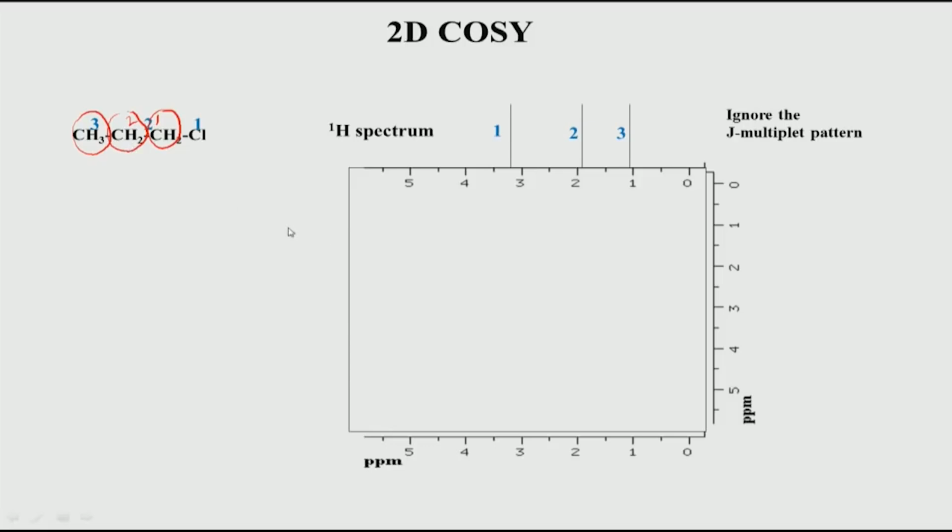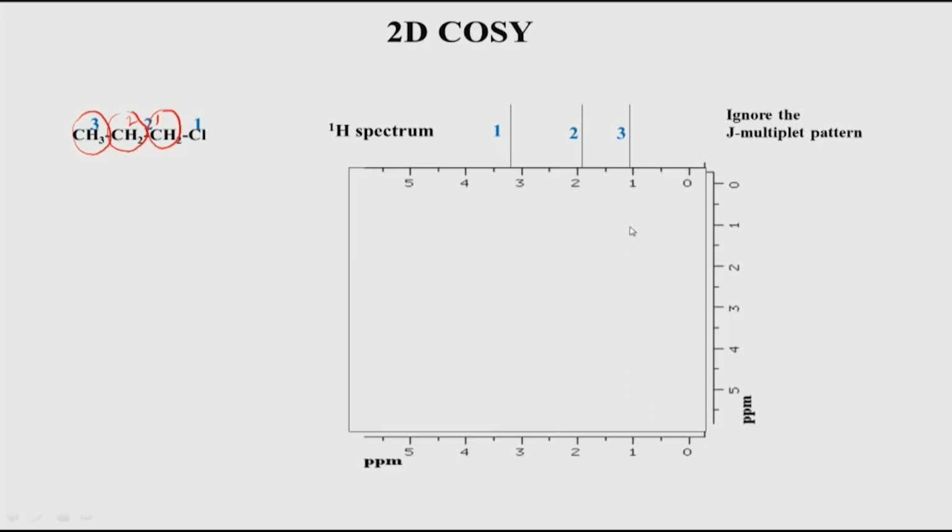So, now what do we expect to see in this kind of spectrum? What we expect is a correlation, meaning a connection, between two hydrogens which are coupled to each other. So, I expect on this axis a correlation. If you look vertically, let us start from here.